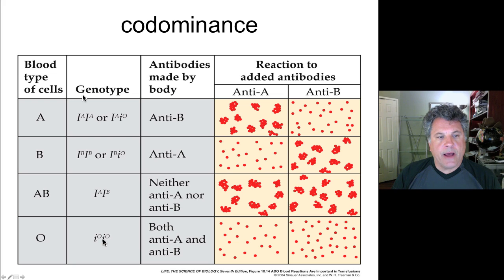And what these alleles code for, I should say, what the A and B alleles code for, are proteins on the surface of blood cells. And so if you are blood type A, you have protein A in your blood cells, and you make antibodies against protein B because you don't recognize the B protein as self.